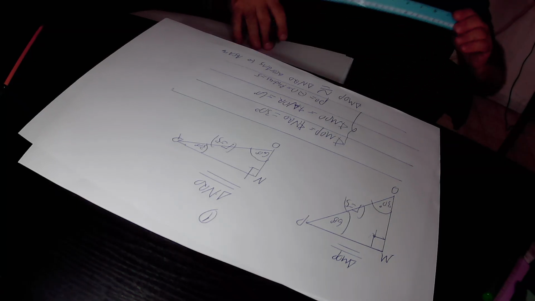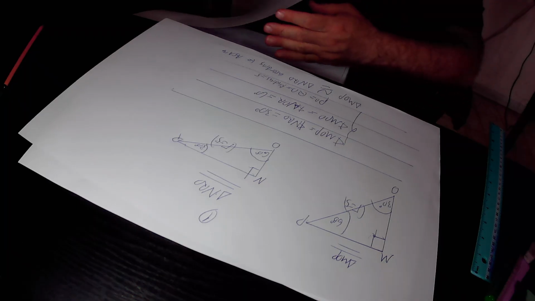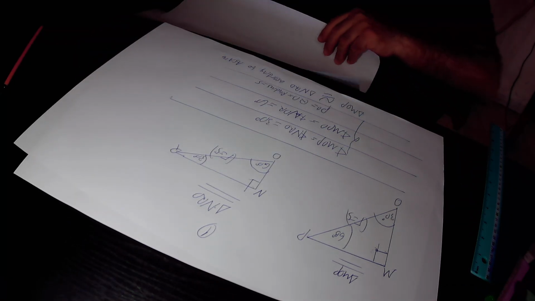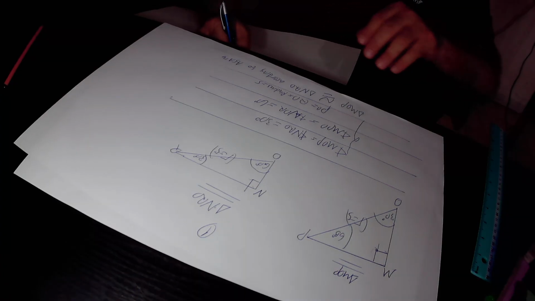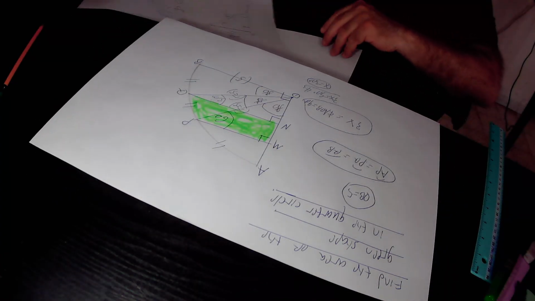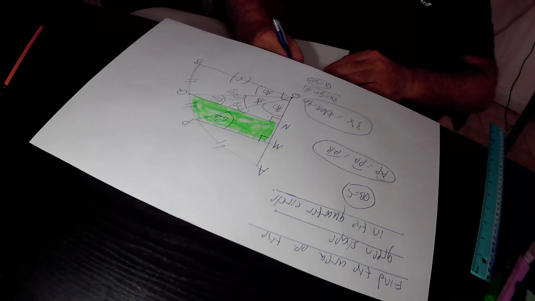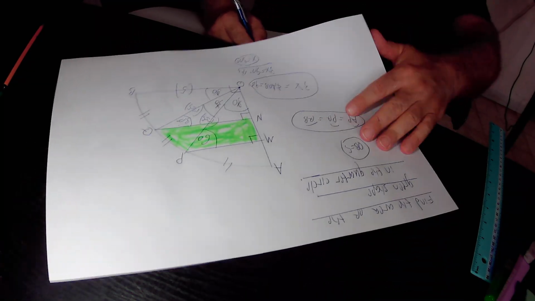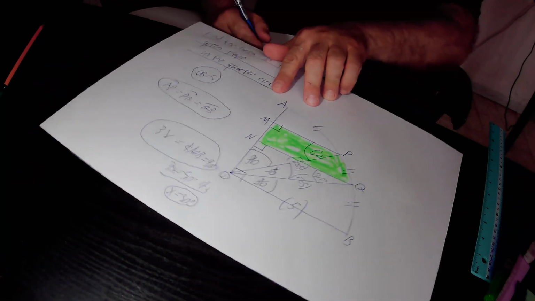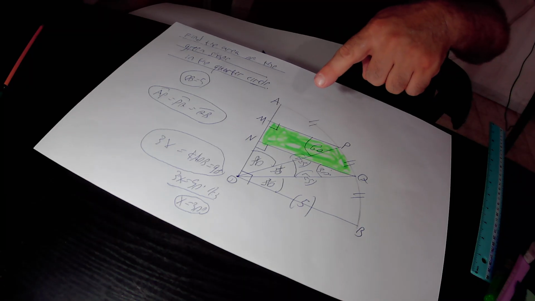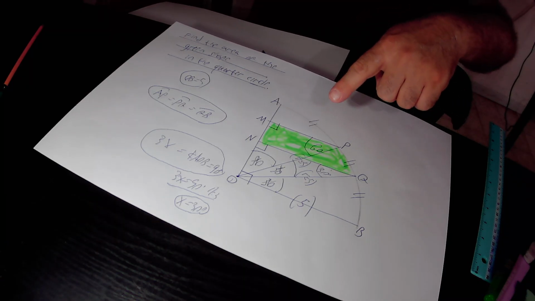So, to repeat again, I should find out that the area of the right triangle MOP is equal to the area of the right triangle NQO. From the drawing, it is very easy to see that the right triangle MPO consists of two components.